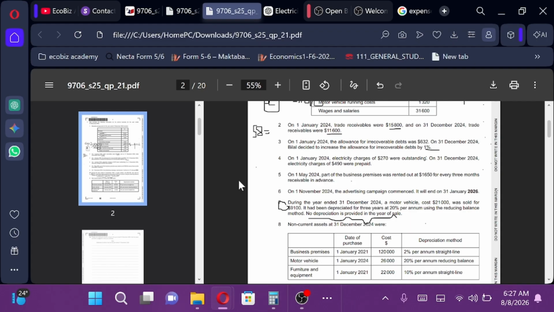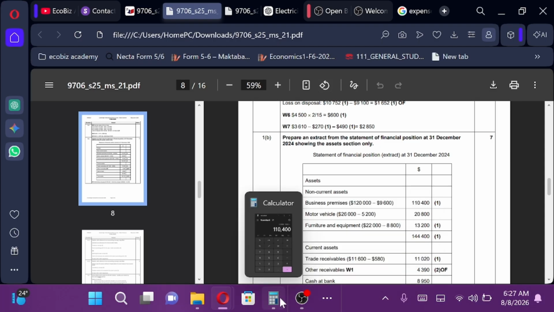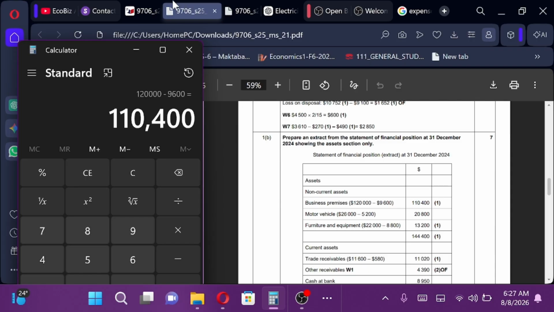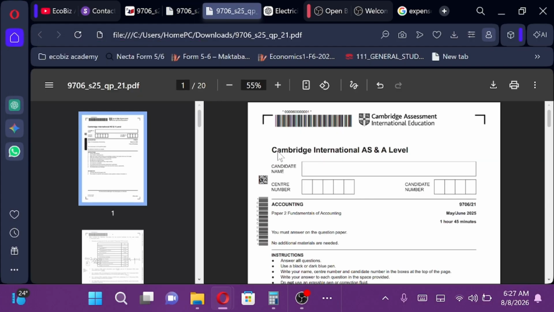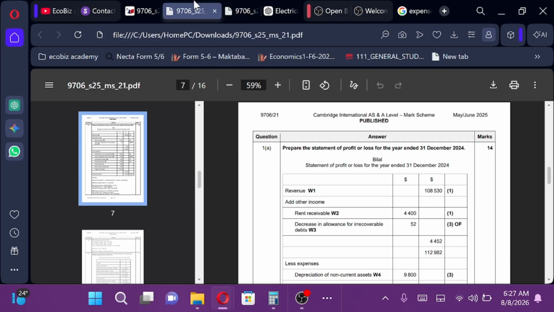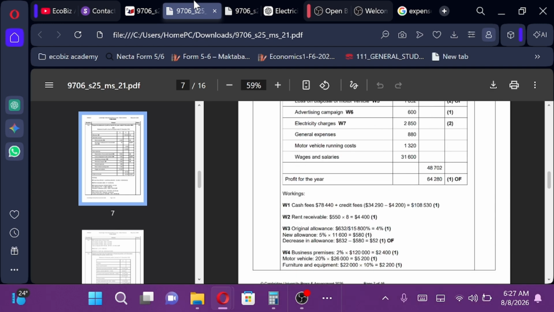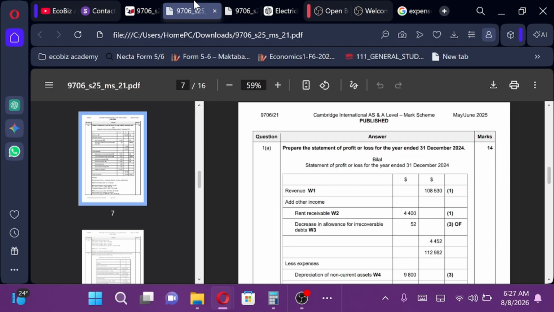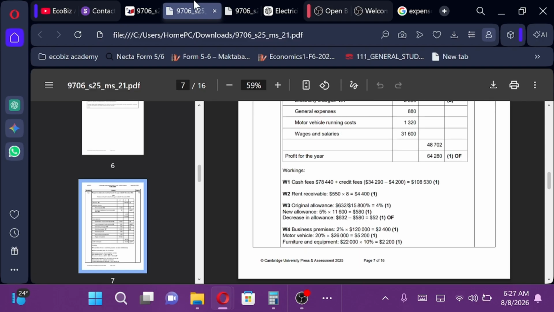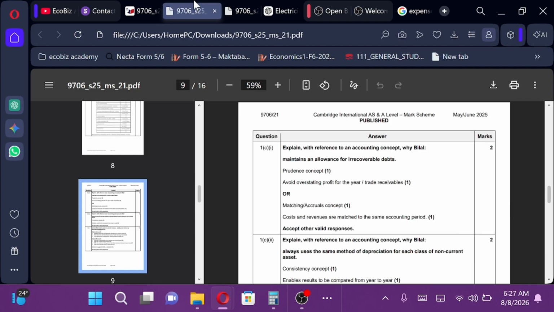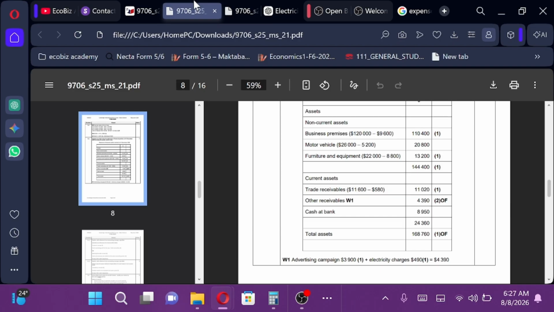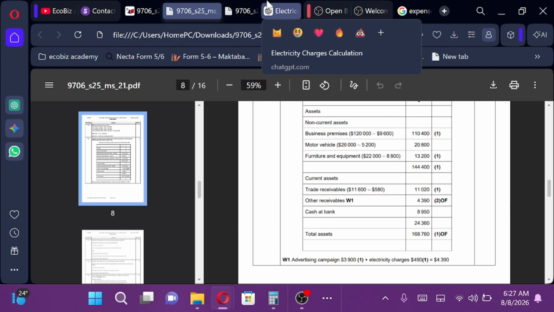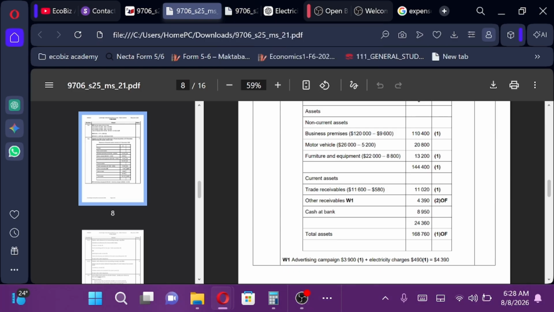Okay, guys. So when we see here motor vehicle, the original price is 26,000, and then how do we get this 5,200?